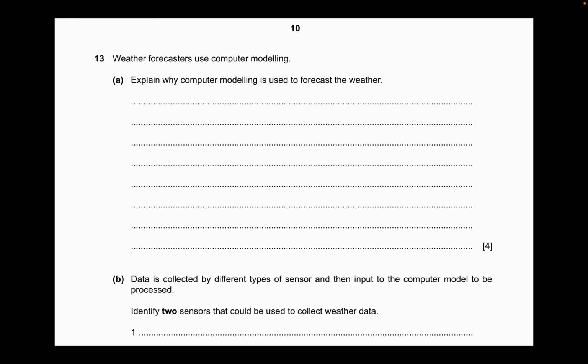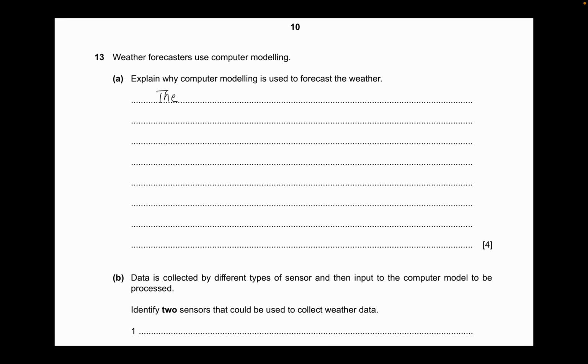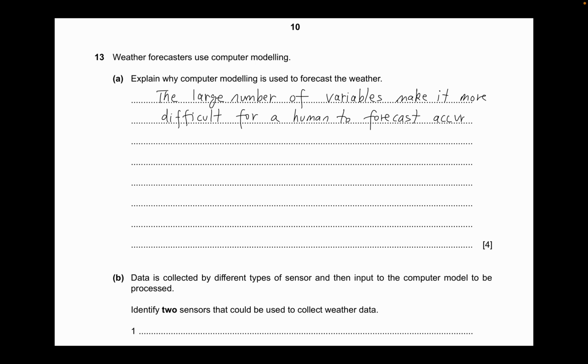Weather forecasters are using computer modeling. Explain why computer modeling is used to forecast the weather. 4 marks. You can mention that there is a large number of variables. The large number of variables makes it more difficult for a human to forecast accurately.